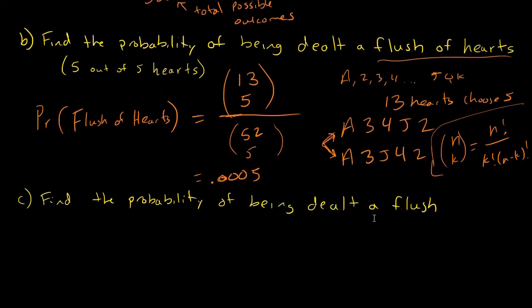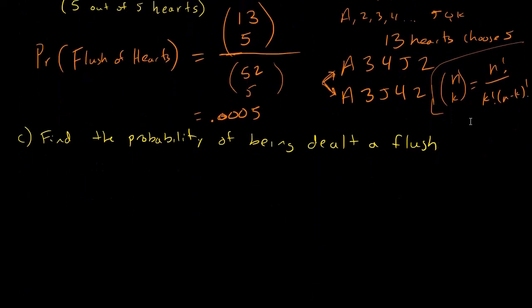All right, what is the probability of being dealt a flush? So that means that you have 5 out of 5 cards that are the same suit. It doesn't necessarily need to be hearts. So first thing you need to do is choose which suit you have. Now this is kind of like a multiplication rule type problem.